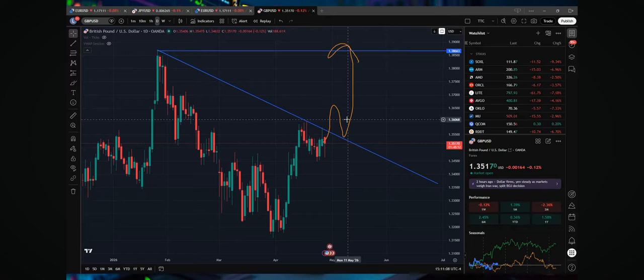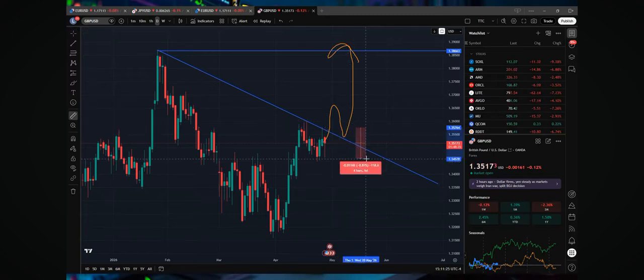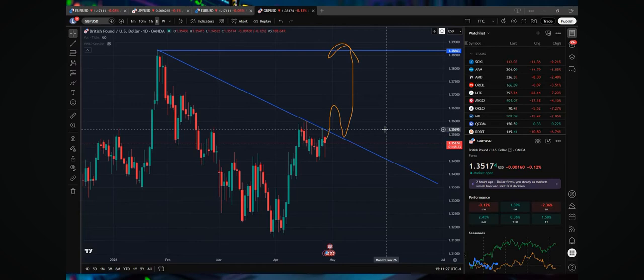The pair is somewhere around 1.35-ish, but the third hit did play out just like I said. I'm not trying to toot my own horn, but great pullback from that third hit, almost a 1% pullback.